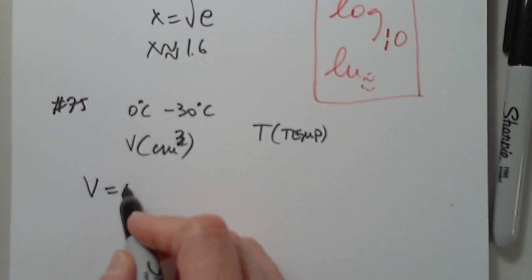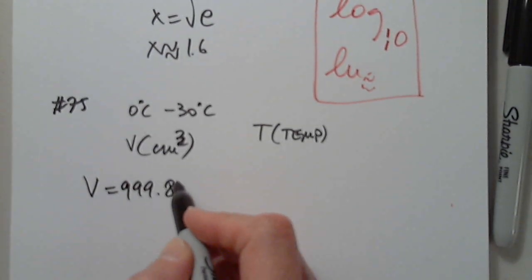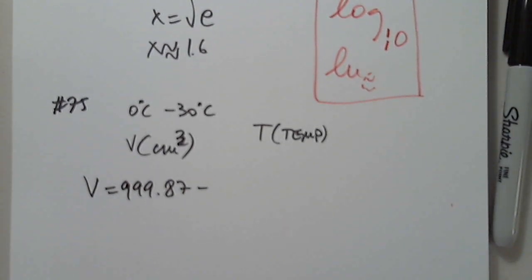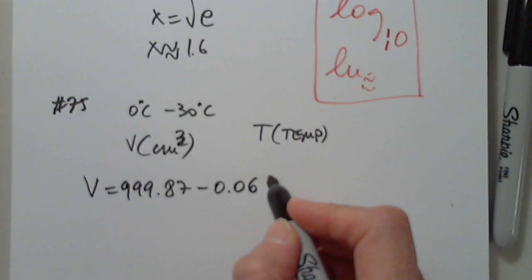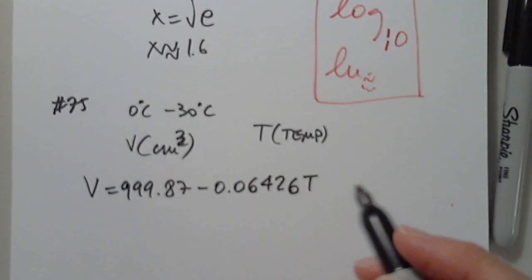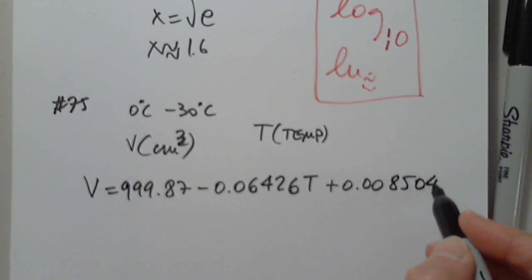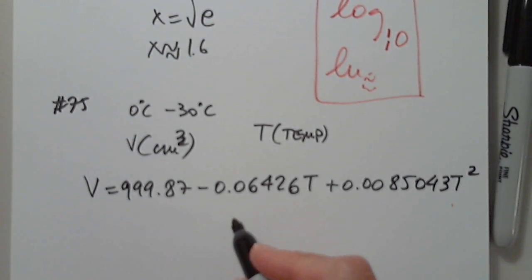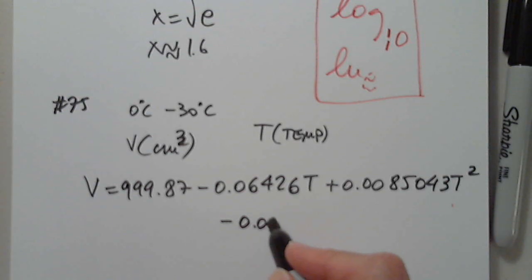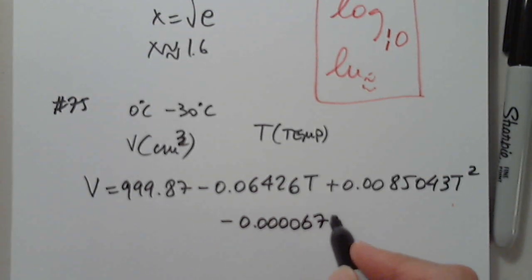So V equals 999.87 minus 0.06426 T plus 0.008504 T squared and minus 0.0000679 T to the third.